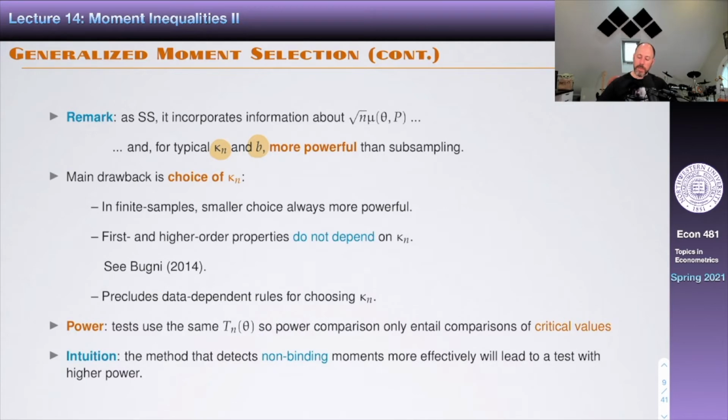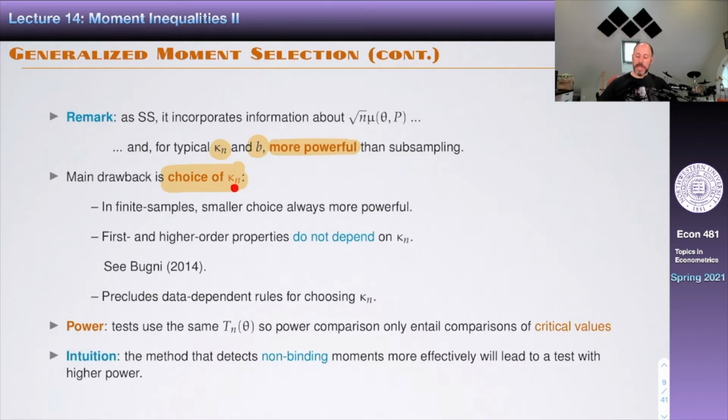And I want to explain why in a minute. The main drawback is the choice of kappa. But there's evidence by now that in finite samples the method is less sensitive to the choice of kappa than subsampling is to the choice of b.